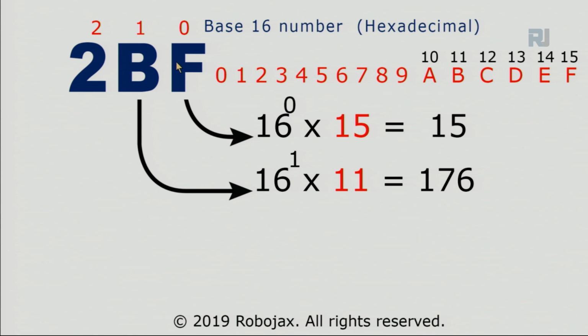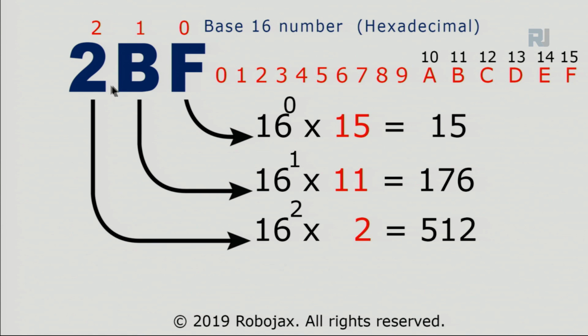And if B was here, this would have been 11. And now 2, the position of 2, so 16 to the power 2, that's a position, multiplied by 2, the value, and this is 512. Now if we add them together, you will see that we got 703. And this is base 10.